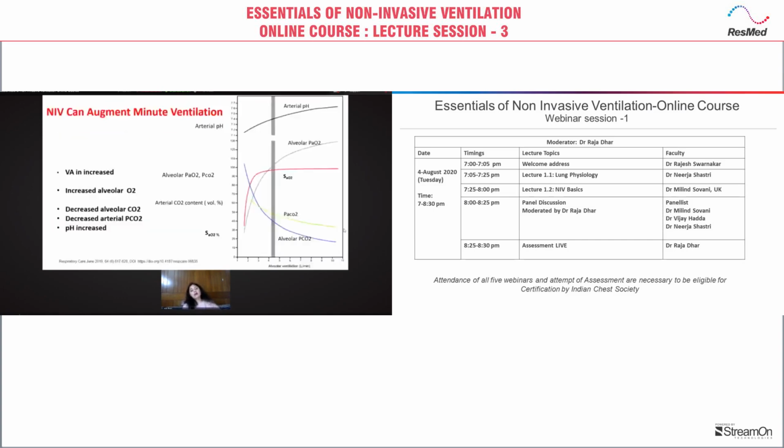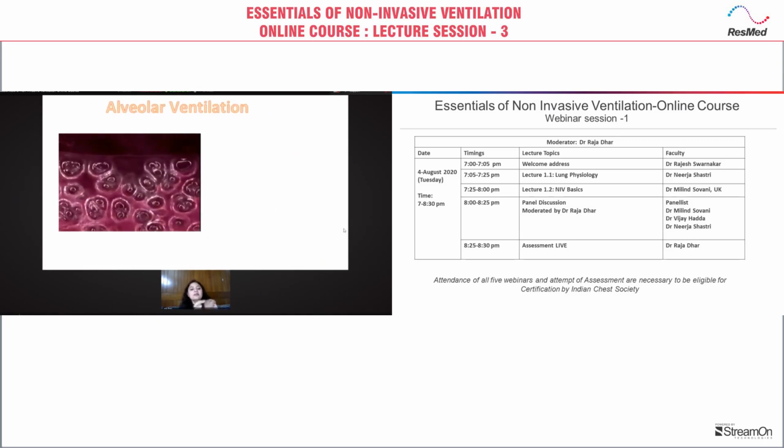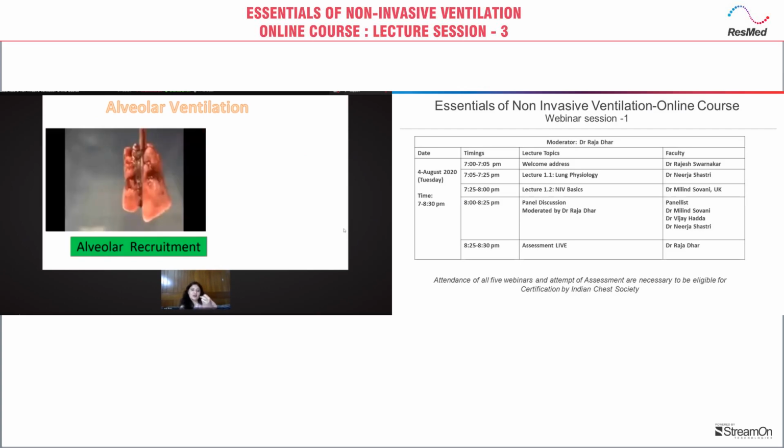Now, alveolar ventilation: underventilated alveoli, where the air is not reaching because there is an obstruction, you need to ventilate those alveoli. This is what we call alveolar recruitment. When the collapsed alveoli are recruited, are opened up, what will happen?